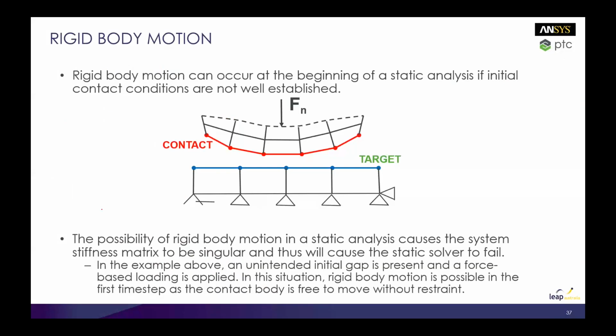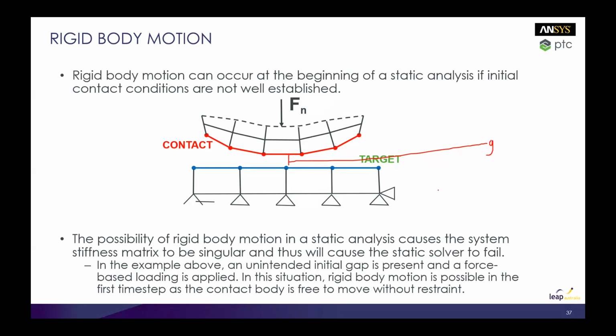Okay, so another common situation you'll come to in contact is rigid body motion, or the possibility of having rigid body motion. Here we've got a gap, and that gap is present just because of the way the model is. So we need to account for this.